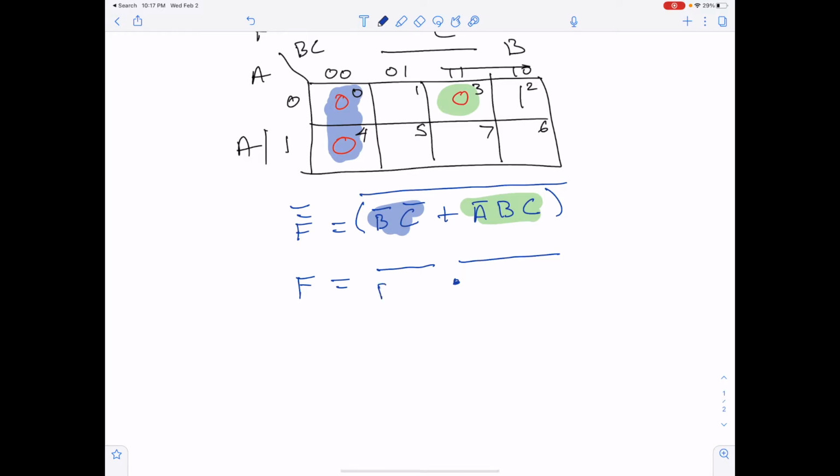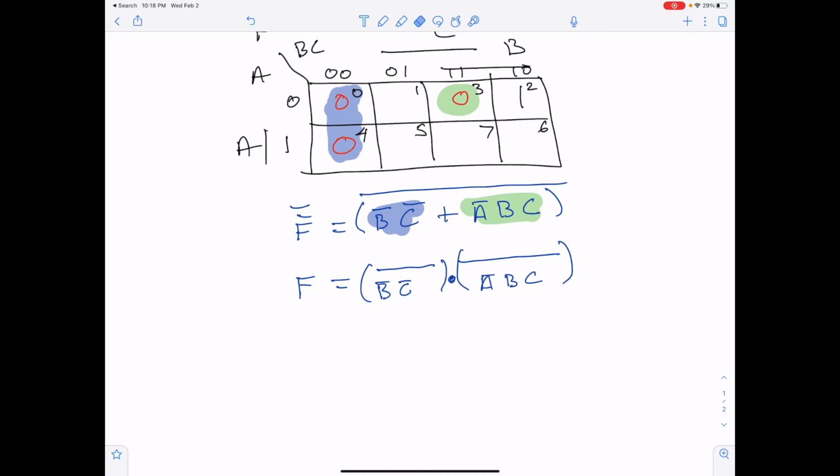Okay, so this would be B bar, C bar, with a bar over the top, and then A bar, B, C, with a bar over the top of that. Just to make it clear, these are in parentheses, and the AND operator is in the middle. So we broke this line, and we changed this sign. Okay, so we applied De Morgan's theorem to the expression.